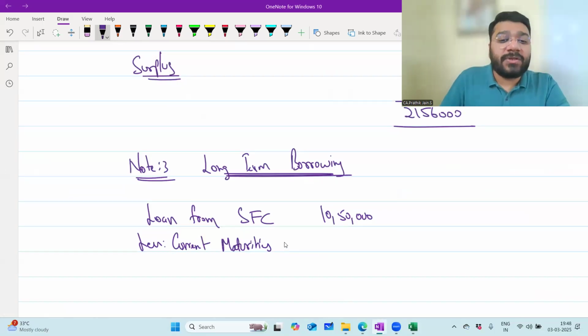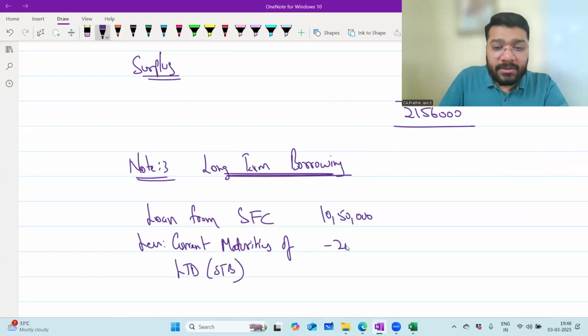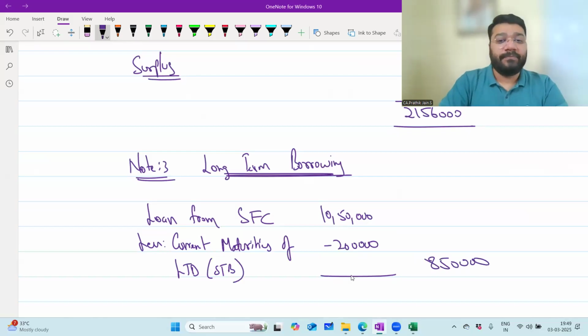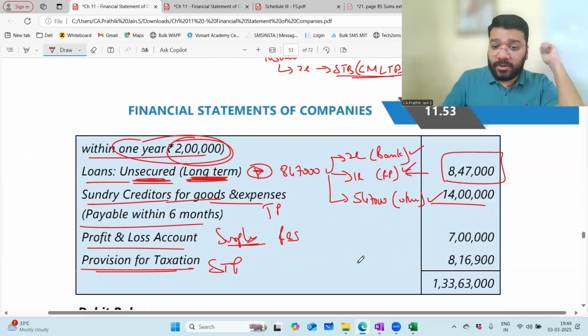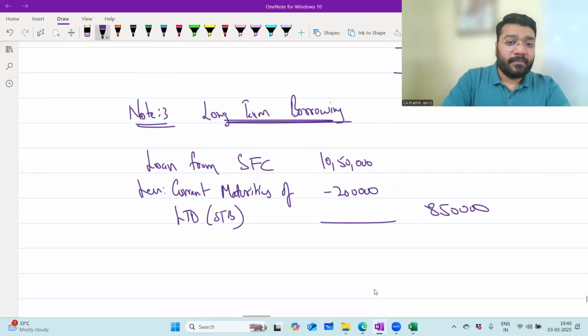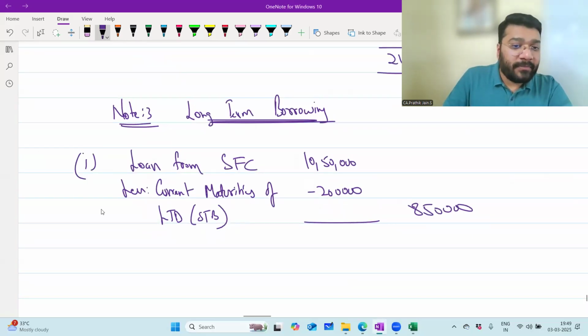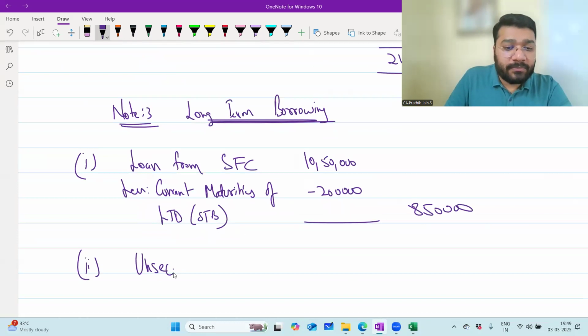Yes, current maturities of long-term debt, which is a part of your short-term borrowing, minus 2 lakhs. Balance is 8,50,000 rupees. So this is point number 1. Point number 2, unsecured loans.